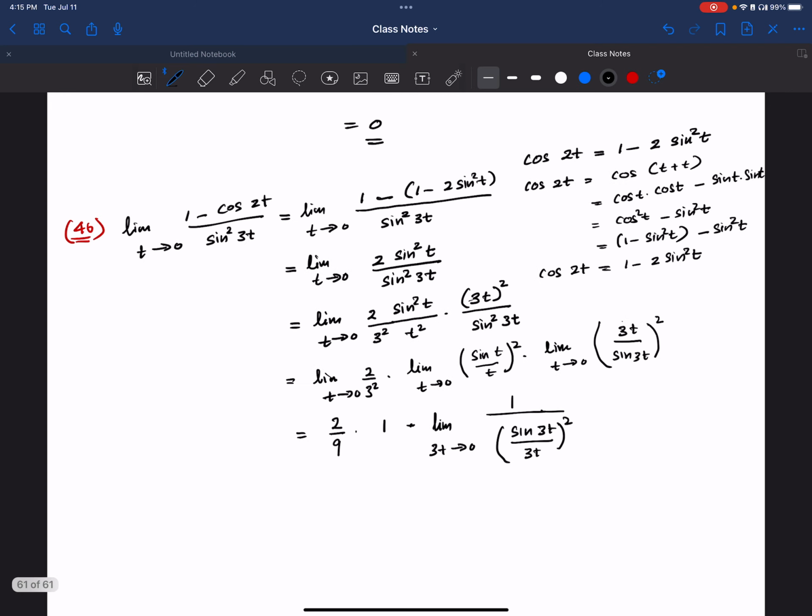This portion is also 1. So we have 2 over 9 times 1 times 1 divided by 1. So the answer is 2 over 9.